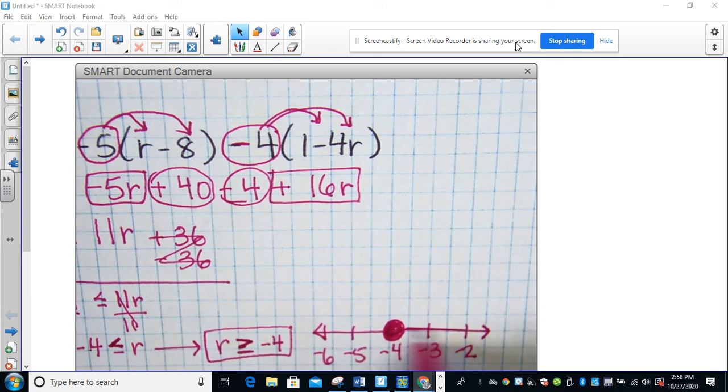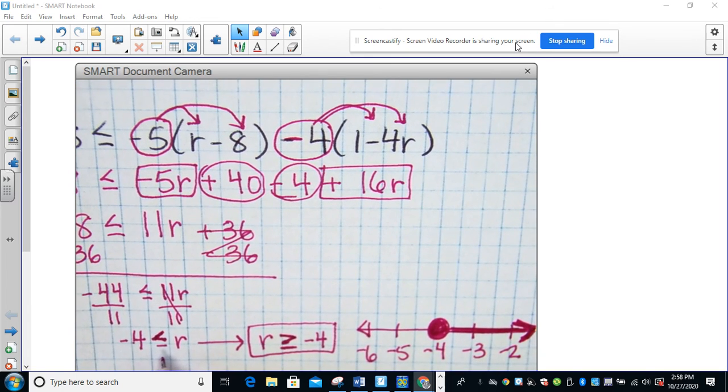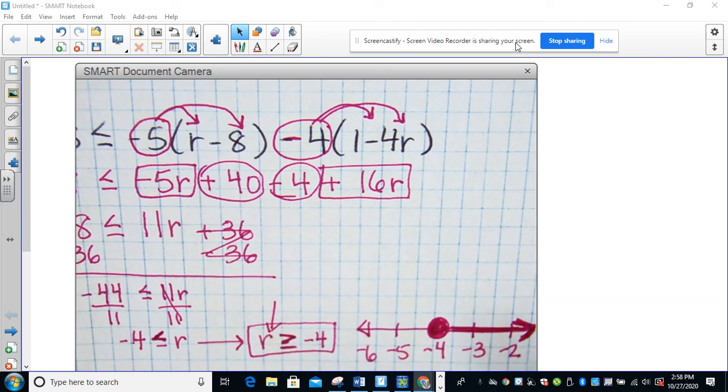Greater than is this way. You have to be careful with when they're written like this because you can't graph it or shade it in the same direction unless the variable's in the front. Again, this would include -4 or any number greater than -4, like -3, -2, so on and so forth.